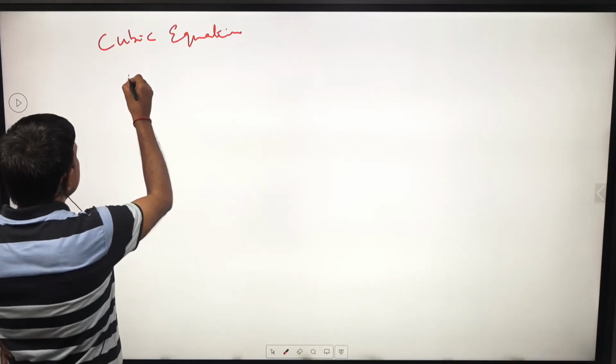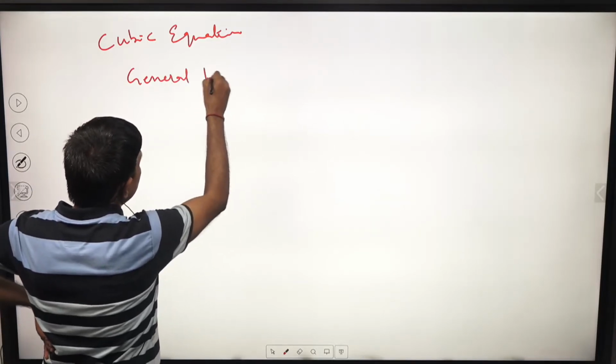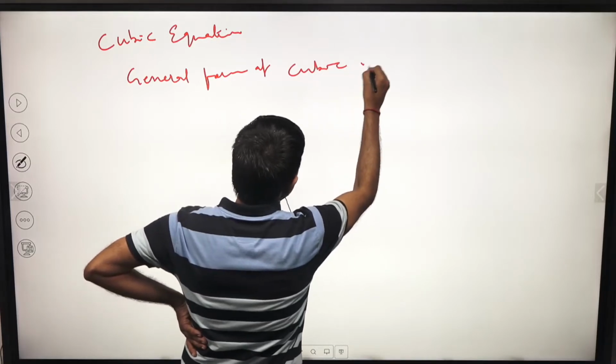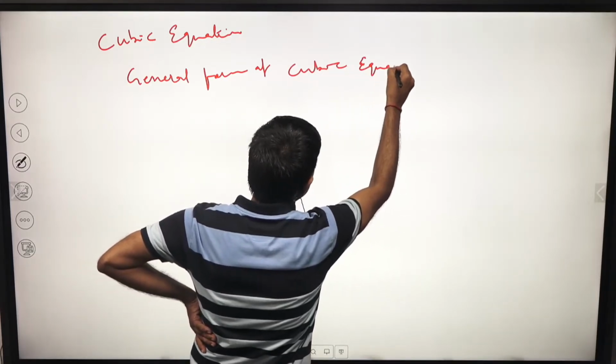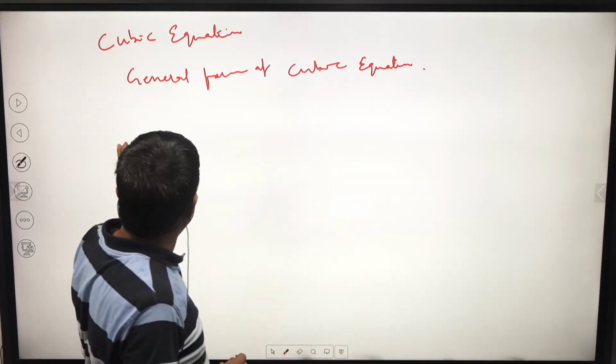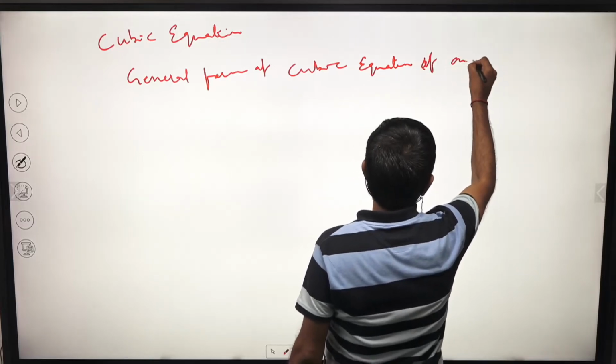The general form of a cubic equation of one variable, because we are studying the cubic equation of one variable.